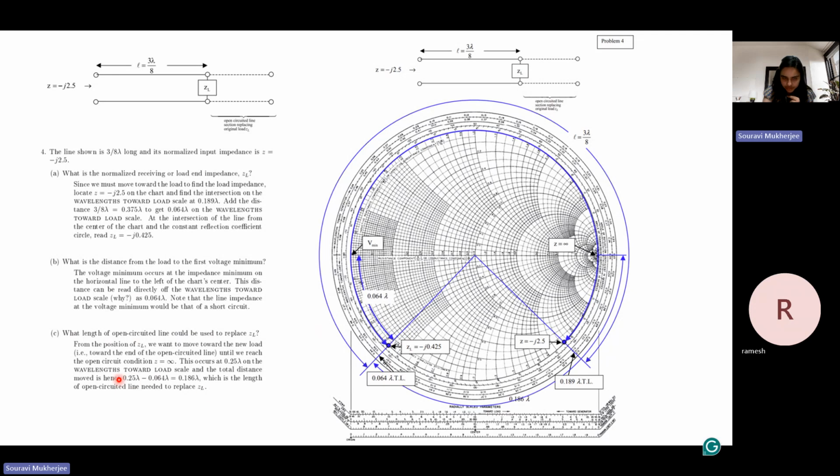So 0.25 minus 0.064 lambda will be this distance. That should be the length of your open circuit line which can be used to replace this ZL. That's how you can address these kinds of questions.